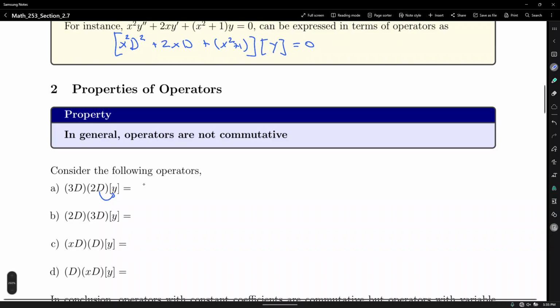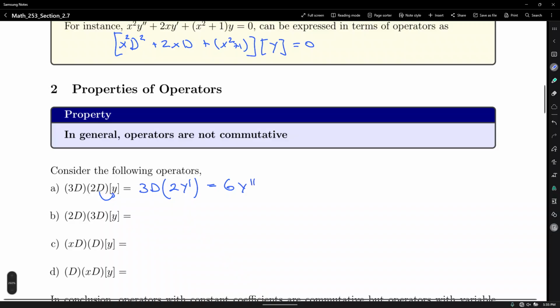In this case, keep the 3d, and then this d finds the first derivative. Keep the 2, and that becomes y prime. What's next? What about 3 times 2? Isn't that equal to 6? And take the derivative of what we already took the derivative of. Isn't that now the second derivative? That'll be 6y double prime.